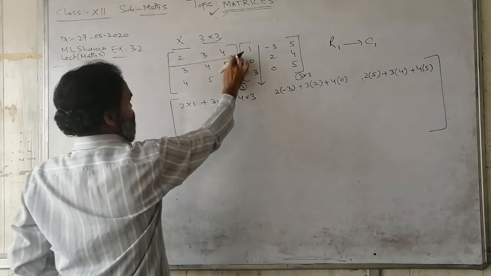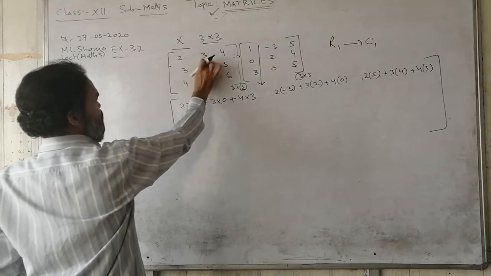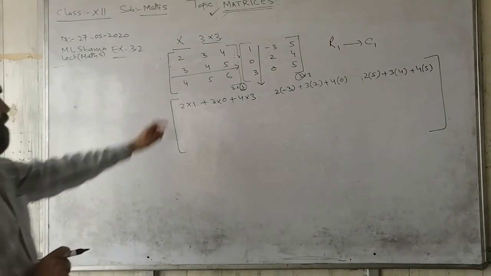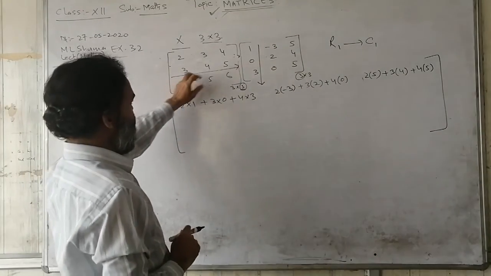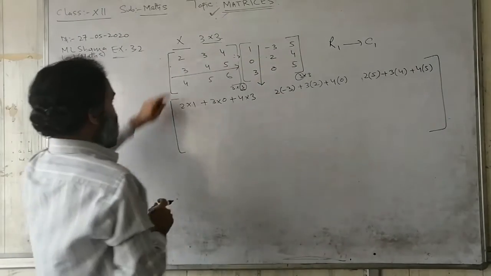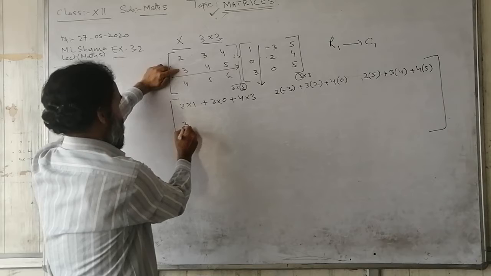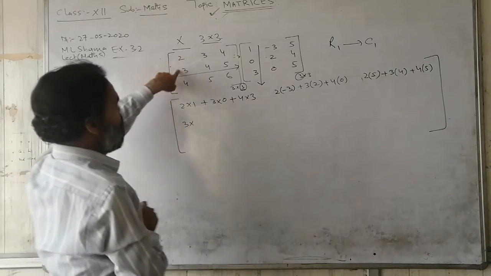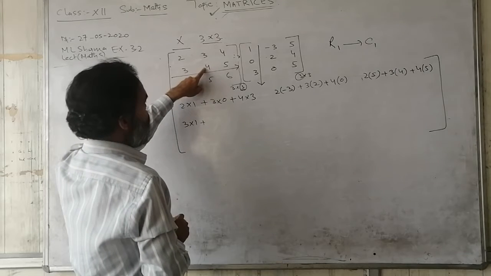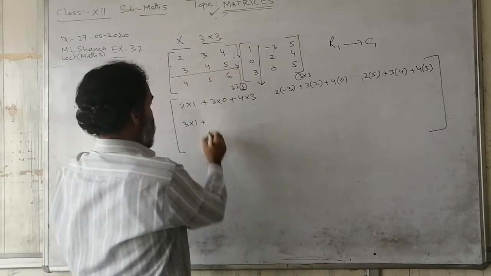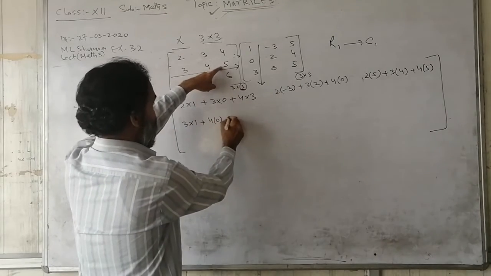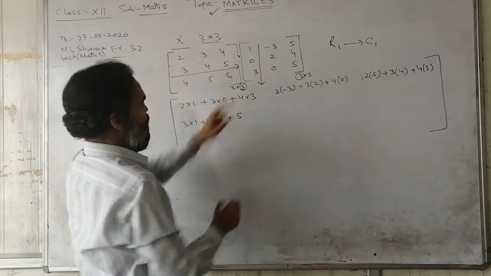So after the first row, we take the second row elements. The second row elements are to be multiplied by the first column, second column and third column. So 3 multiplied by 1 plus 4 multiplied by 0 and 5 multiplied by 3.